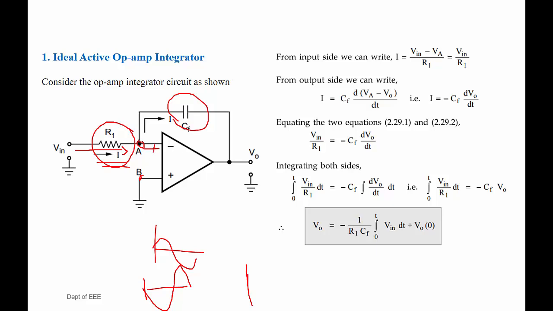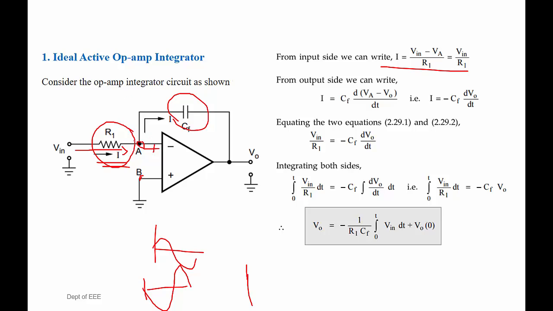So when we apply KCL at this node, the current entering is equal to the current leaving. So you get the nodal equation: for this current I, we can write (V in minus VA) divided by R in.